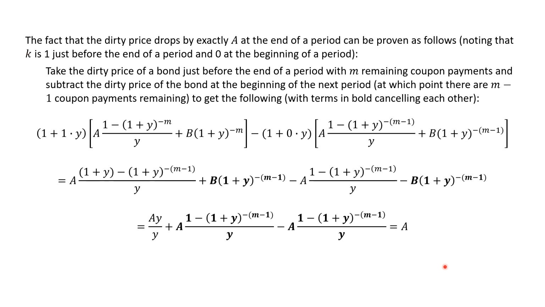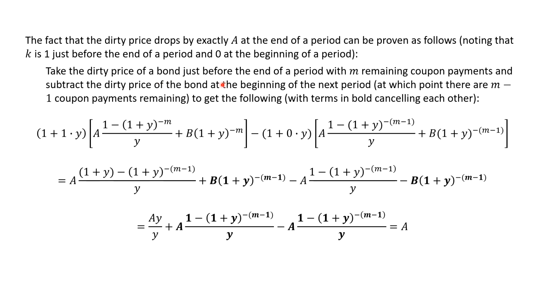So here's the calculation. It looks pretty ugly, but it's not so bad. The fact that the dirty price drops by exactly A at the end of a period can be proven as follows. Noting that K, our fraction, is 1 just before the end of the coupon period and 0 just after. So we take the dirty price of a bond just before the end of period with M remaining coupons. And that's this here. This is the adjustment for the dirty price, noting that K is 1.